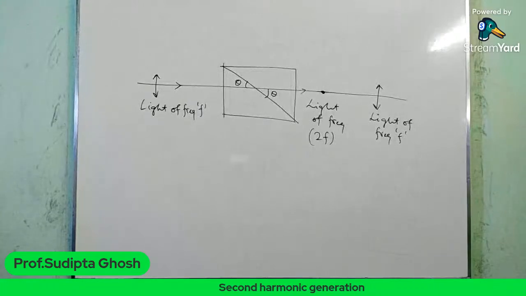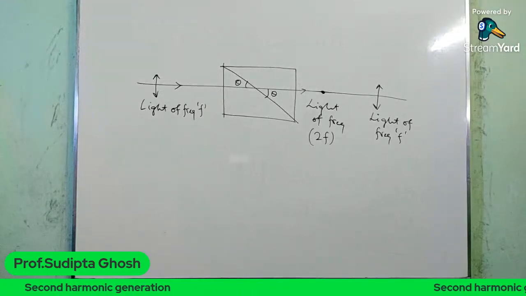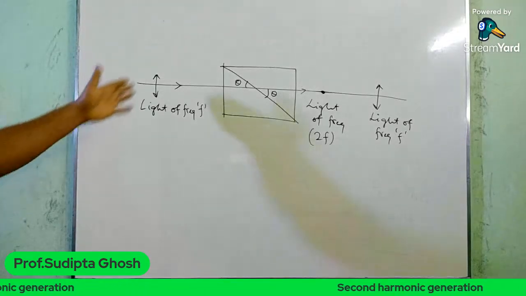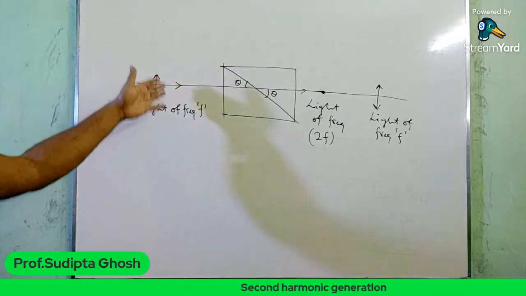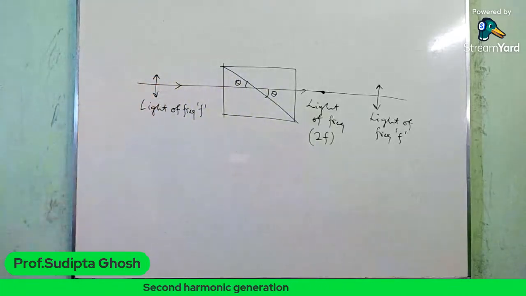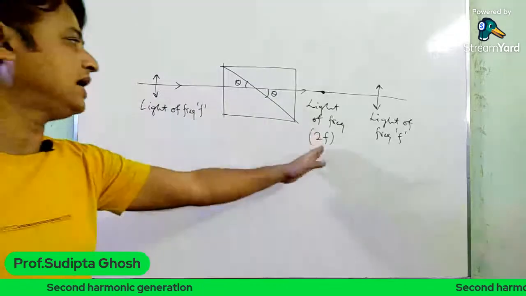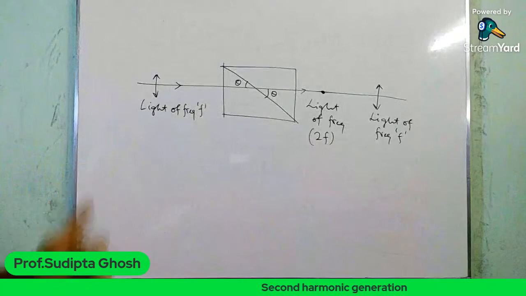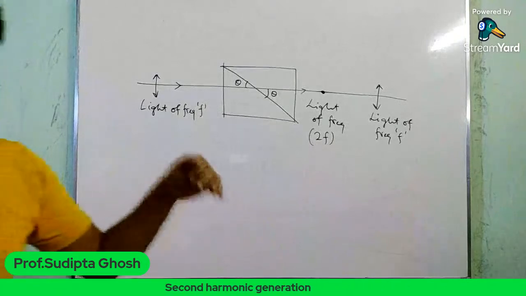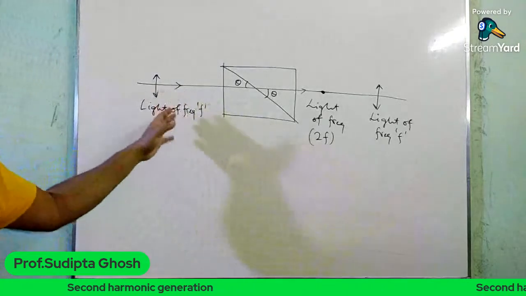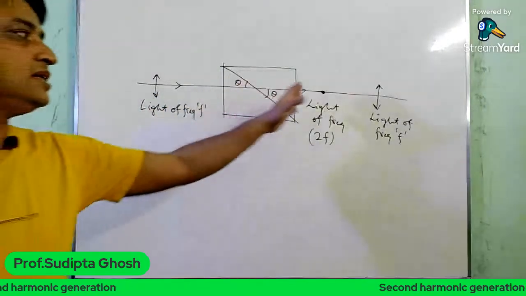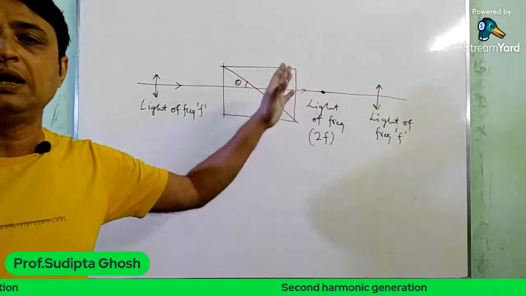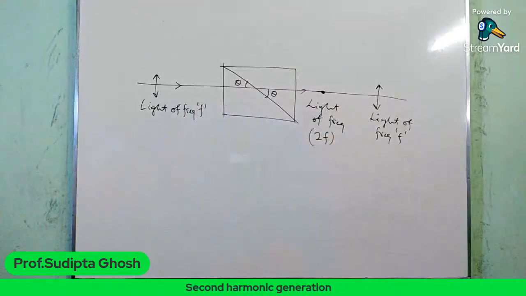So if the input wave of frequency f has its polarization state perpendicular to the plane of the paper, then its second harmonic wave, the light of frequency twice f, must carry its polarization state in the plane of the paper.